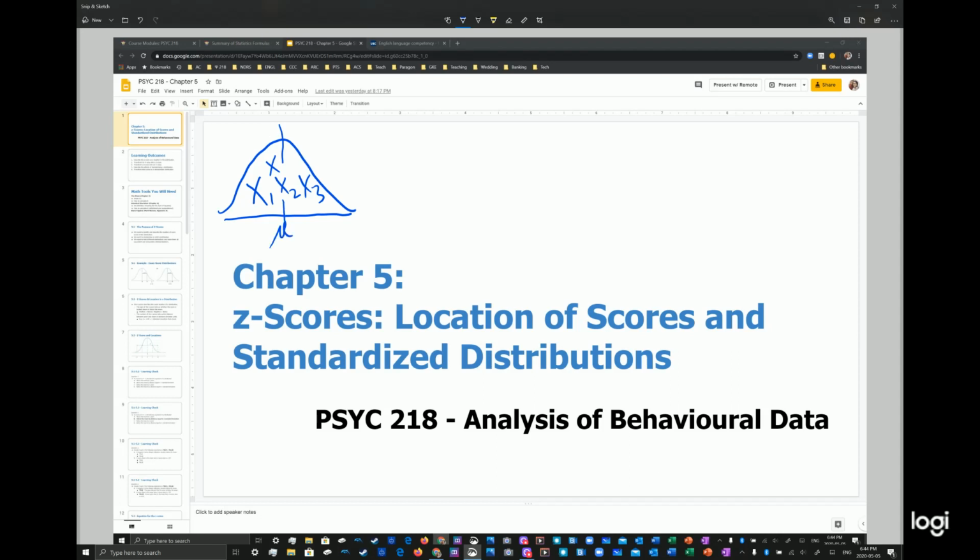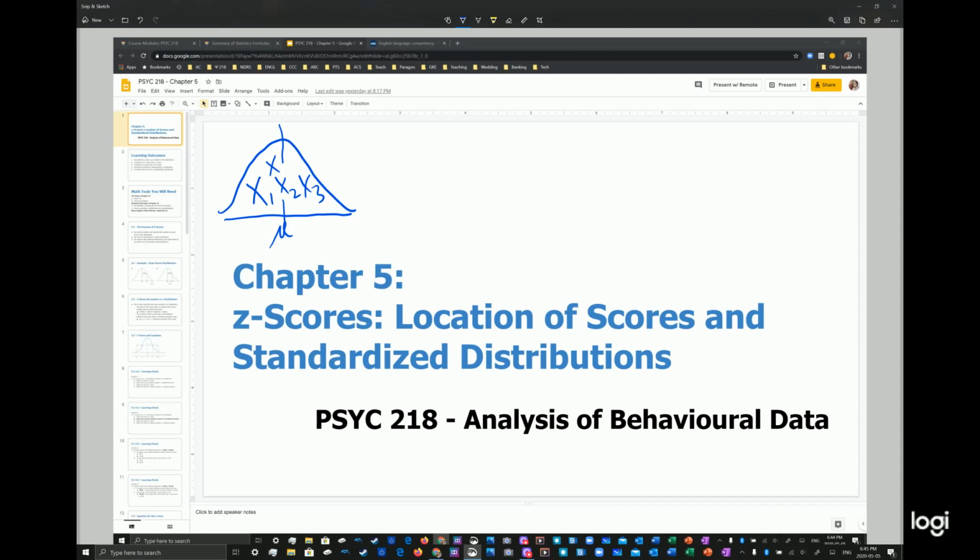Again, this could be body temperature, GPA, height, anything at all, as long as it's some distribution that is normally distributed, where most of the scores are going to pile up in the middle, and it's going to be symmetrical. So you're going to have roughly the same number of people who score higher than average, and roughly the same number of people who score lower than average.